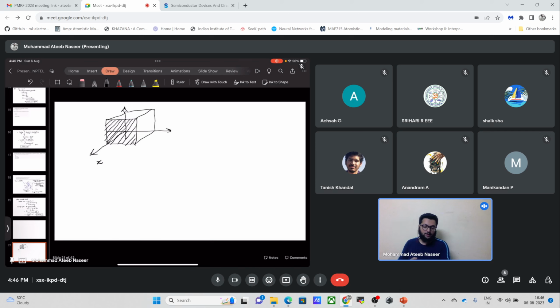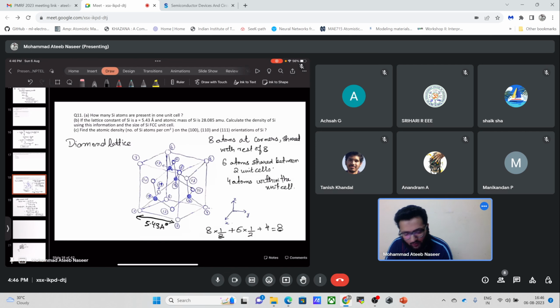Over here we have been told to calculate for three kinds of planes that are mostly studied in silicon. Silicon is generally found, studied, or experimentally realized in these three orientations: 100, 110 and 111.